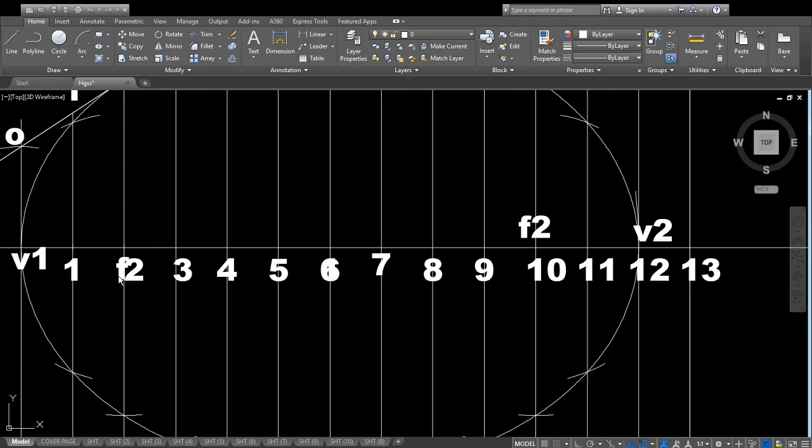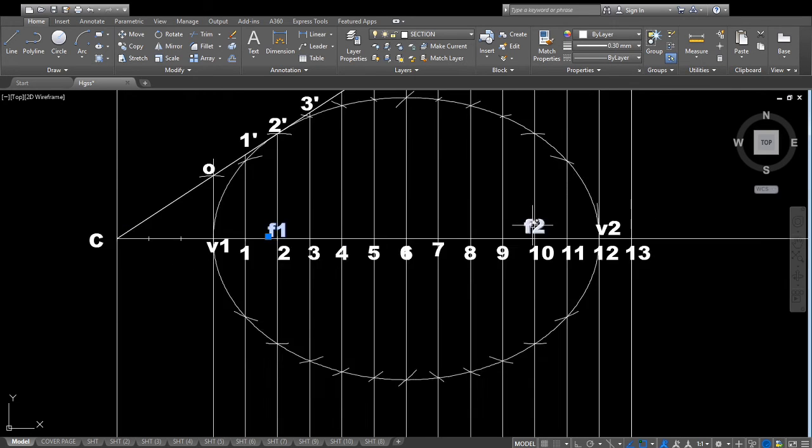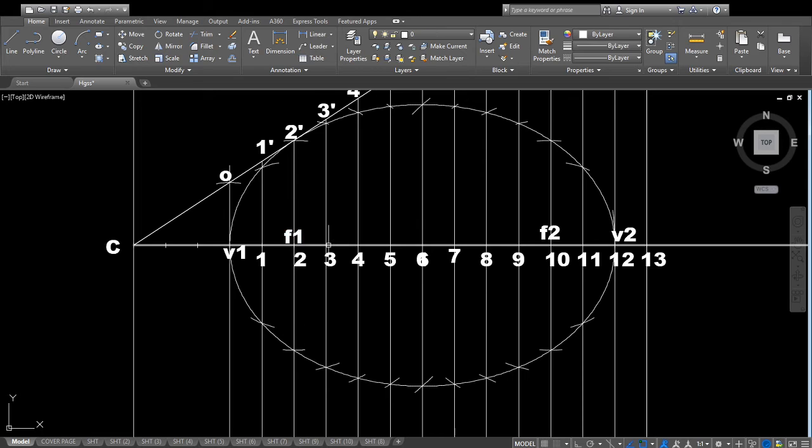I'm moving this up so that we have our F1 and F2 now.